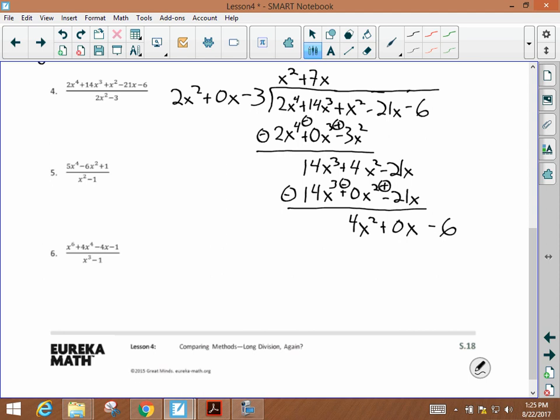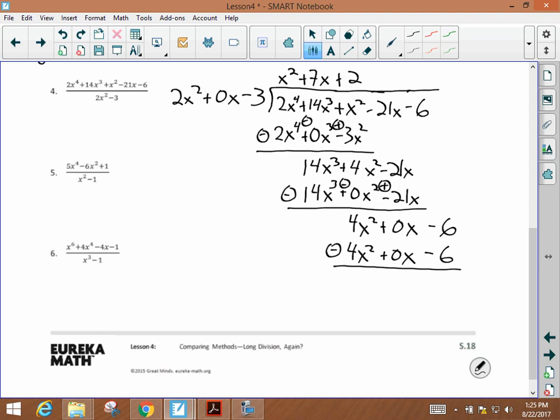Okay, so now we've got something different. What would we multiply 2x squared by to get 4x squared? That's going to be 2. And then when we distribute that, we get a bit of niceness. We get 4x squared there, again our 0x placeholder, and then 2 times -3 is -6.